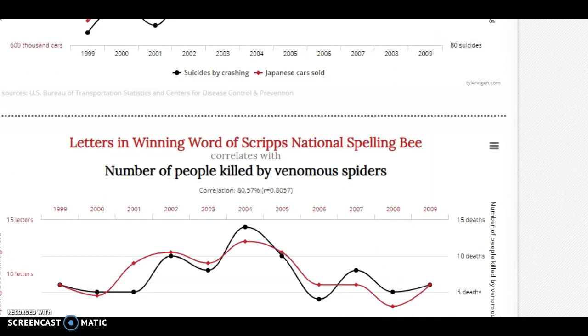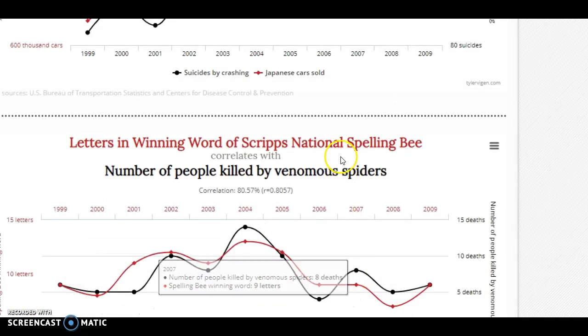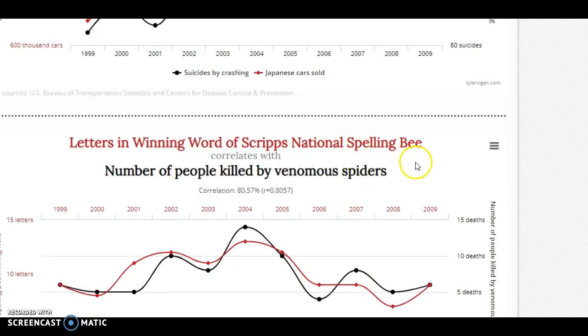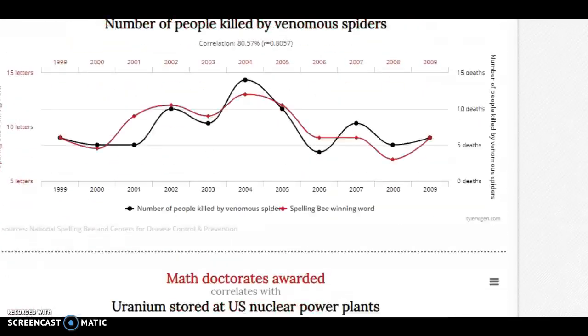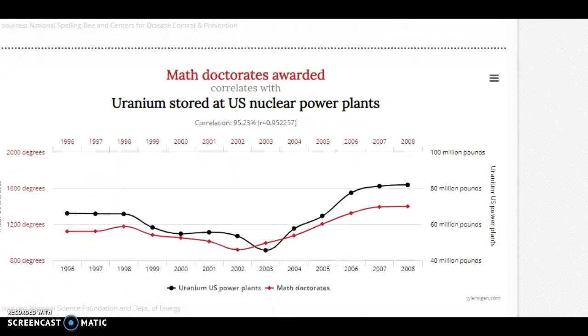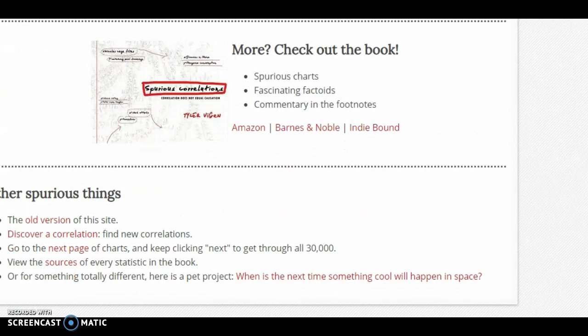Some of these you'll see really follow very closely, even though when you look at what the data is, there's obviously nothing that would link those together. These are all based on real data sets, but it shows how easy it is, by showing things through a graph, to make it appear that there's a linking or a relationship or correlation that's not there.